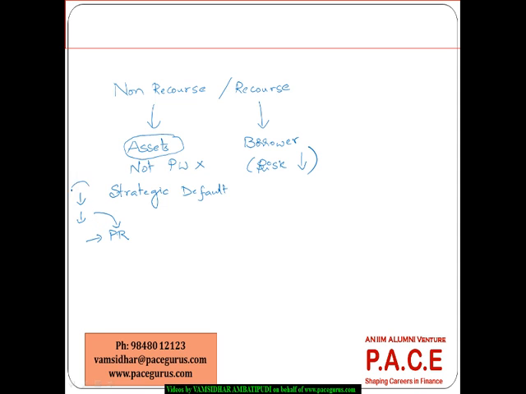So the value that would be possessed by the lender is the property whose value is less than the amount of principal that needs to be repaid, and that is where a strategic default comes into the picture.